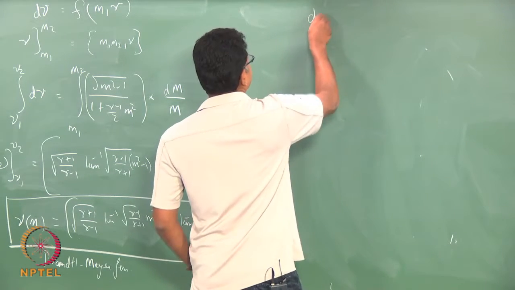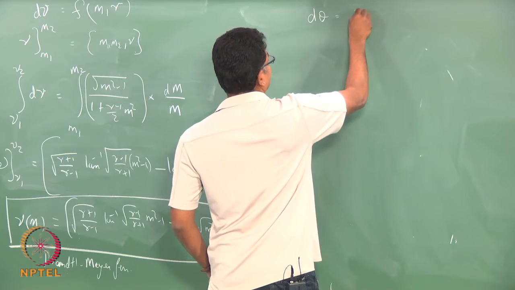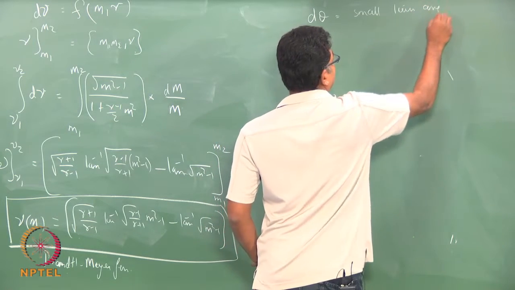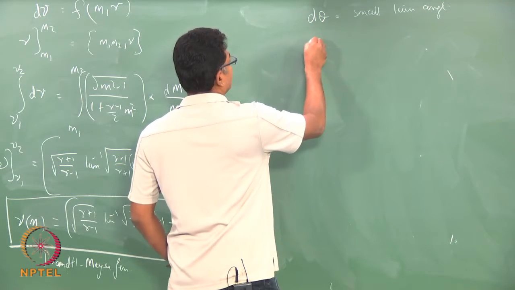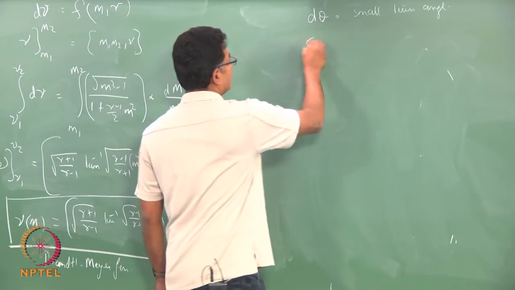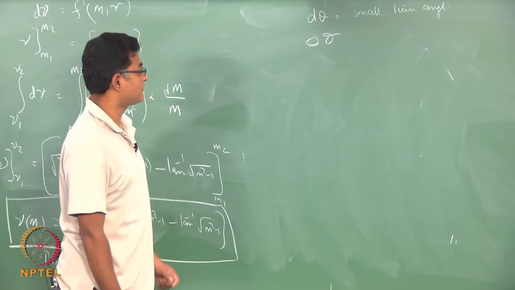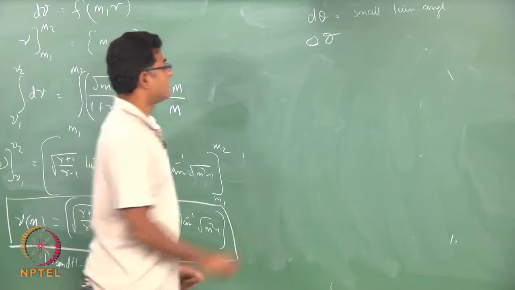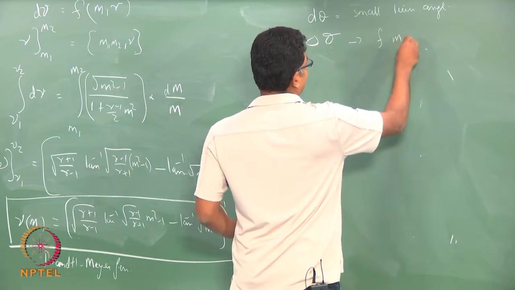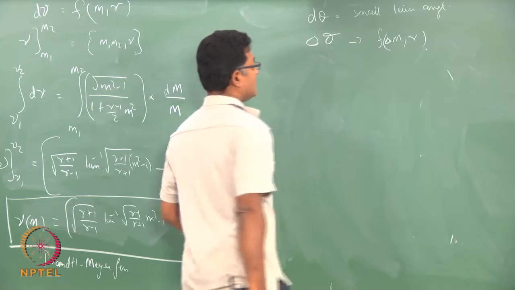So, what I have here is d theta, my small turn angle, and if I have a finite value of turn angle delta theta, that now depends only on my delta m and gamma.